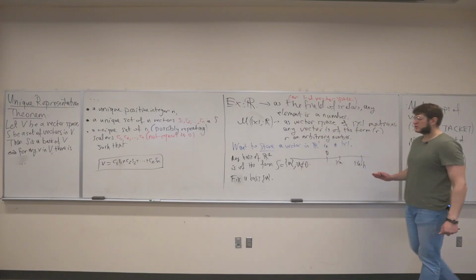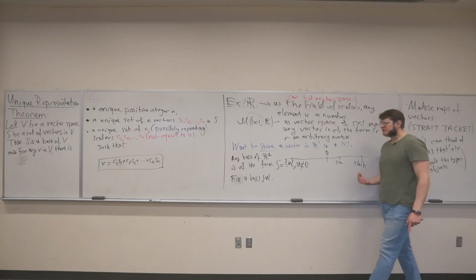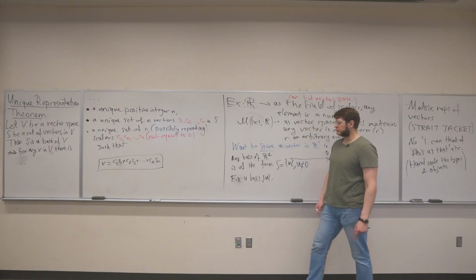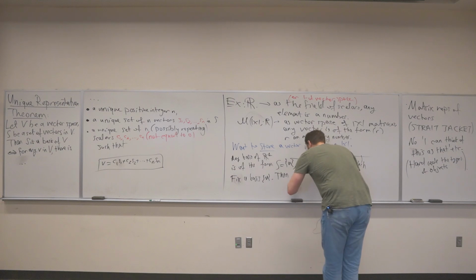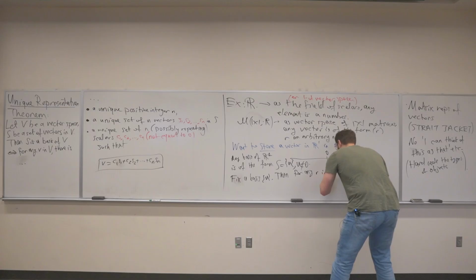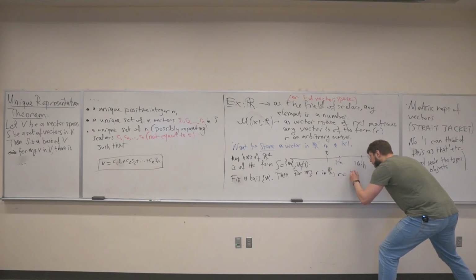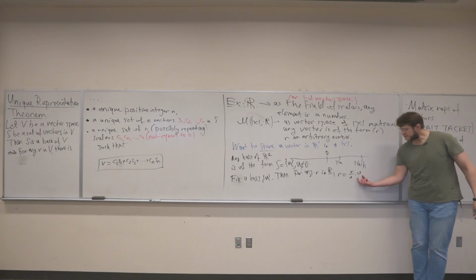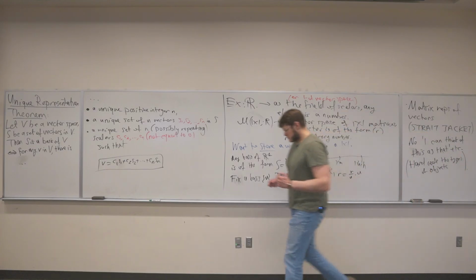Now, to store whatever number, whatever vector in R to the 1 in a 1 by 1, what you need to do is take that arbitrary vector and write it in terms of the basis you chose. Then for any, let's say, r in R, since r equals r divided by U times U, this I'm thinking of as the vector, this I'm thinking of as a scalar. So this is a linear combination.